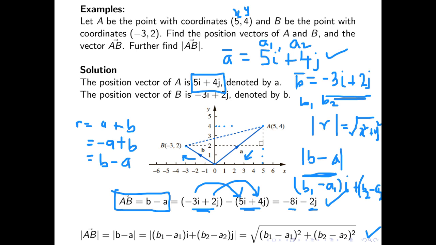What is b1? b1 from this position vector will be what? Minus 3i. b2 from that position vector is 2j.